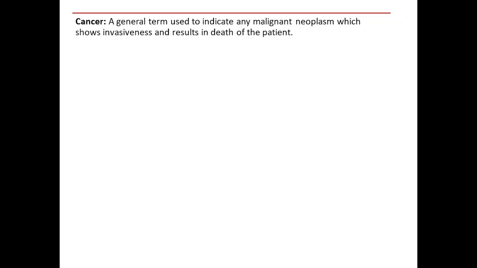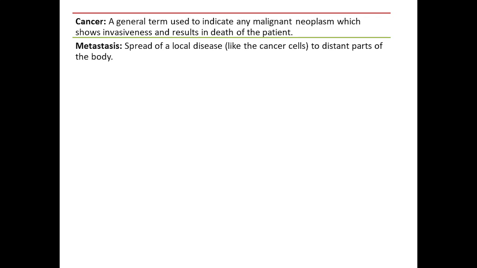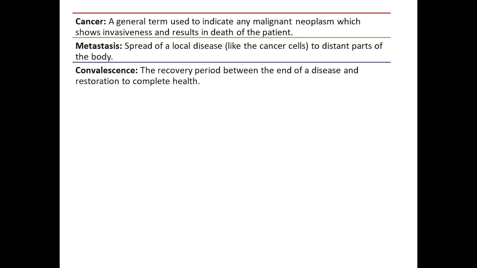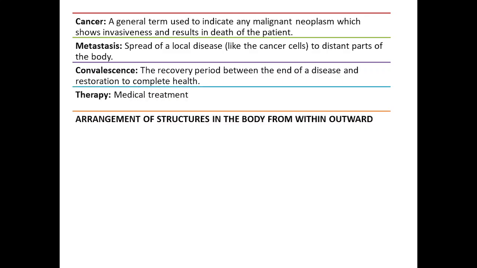Cancer is a general term used to indicate any malignant neoplasm which shows invasiveness and results in death of the patient. Metastasis is spread of a local disease to distant parts of the body. Convalescence is the recovery period between the end of a disease and restoration of complete health. Therapy is medical treatment.